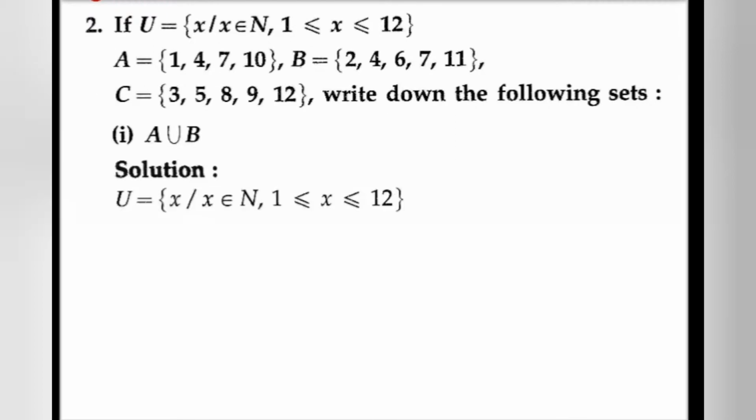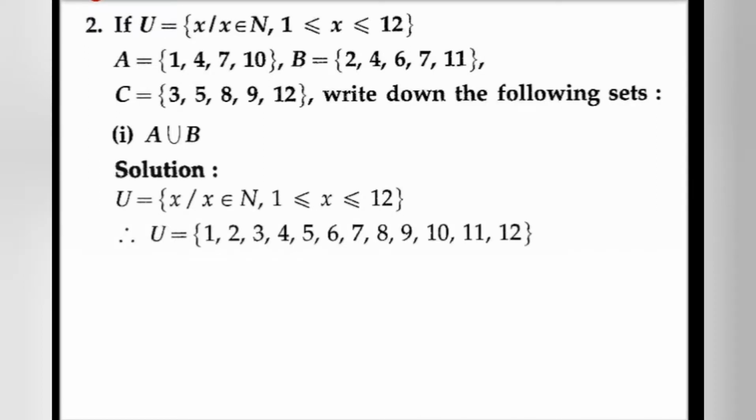Solution. Now U is equal to set of all x such that x belongs to N, x is greater than or equal to 1 but less than or equal to 12. Therefore, U is equal to set of 1, 2, 3, 4, 5, 6, 7, 8, 9, 10, 11, 12.